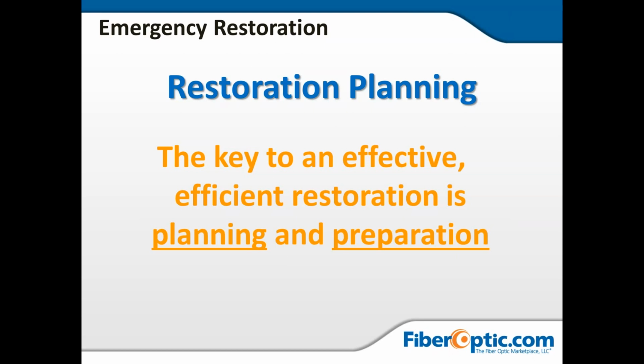Preparation. Some of the preparation is about trying to be able to take some shortcuts. You can plan for a certain type of enclosure. You can plan for a certain type of cable, but the preparation comes from what steps you can take prior to going out that evening or that morning, and have shortcuts put in place to make the restoration more timely, whether that's potentially using an emergency restoration kit, which could include 2 enclosures and 200 meters of fiber between the 2 enclosures, so that you can quickly deploy and reroute around maybe a telephone pole span or 2 that potentially got hit by a vehicle, and you need to splice on both sides of that to get the services back up.